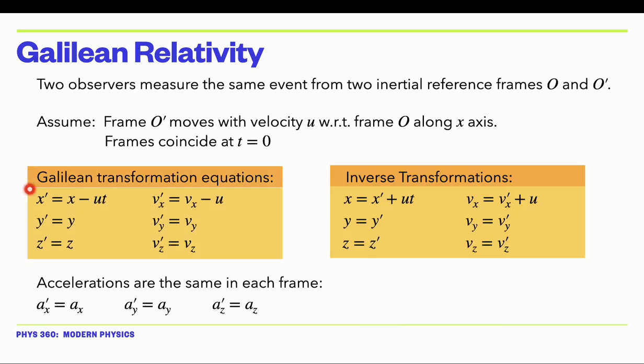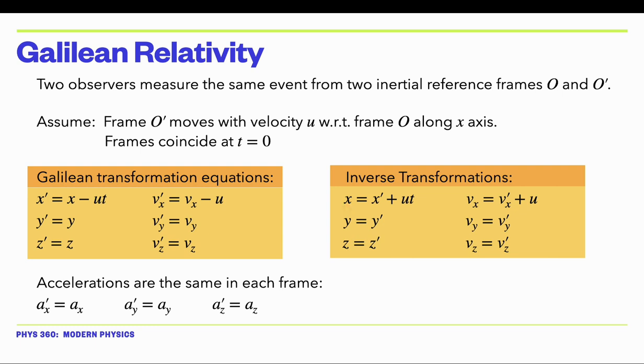Okay, so what we've just described are often called the Galilean transformation equations, which show the measurements in the primed coordinate frame in terms of the measurements in the unprimed frame. If you invert it to solve for x, y, and z in terms of the primes, you get this.